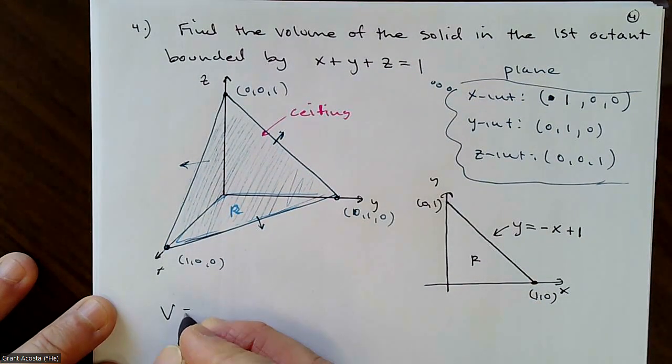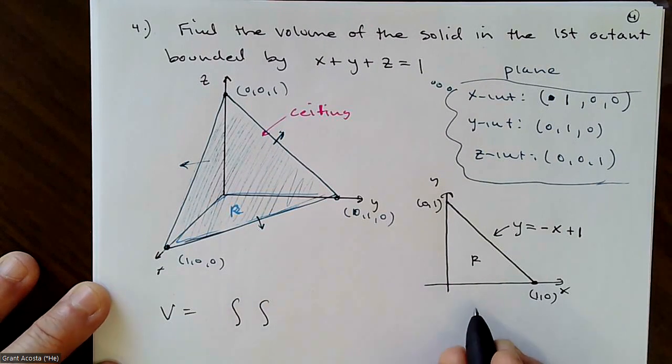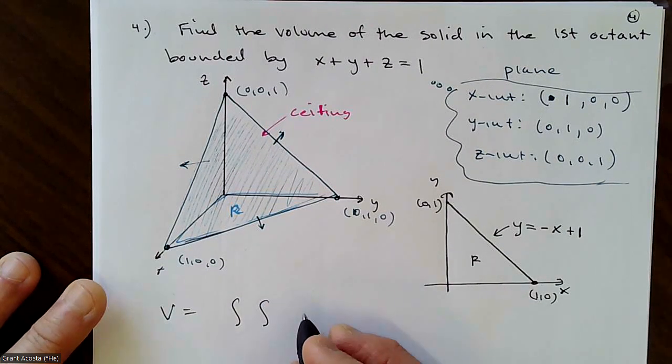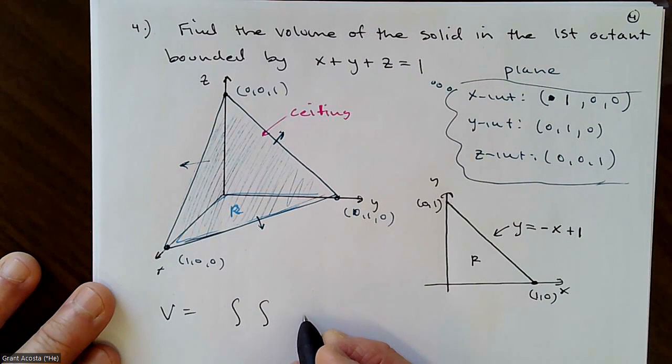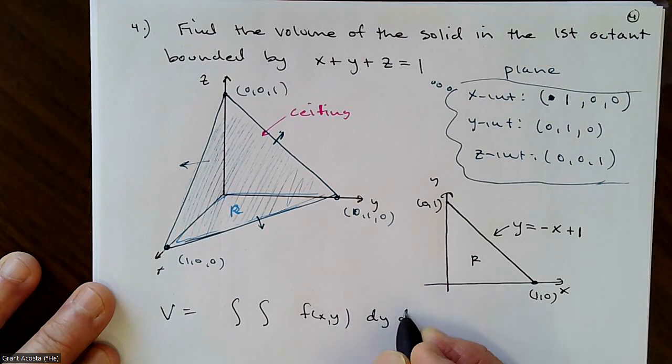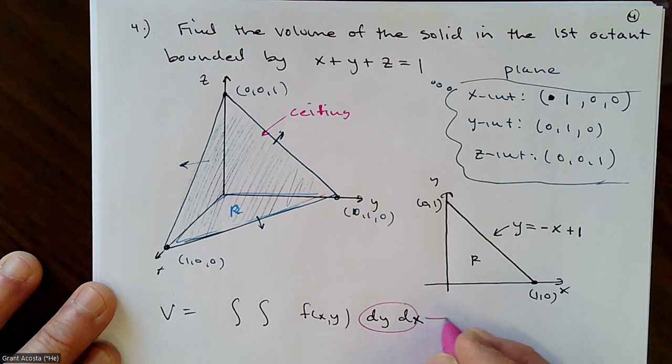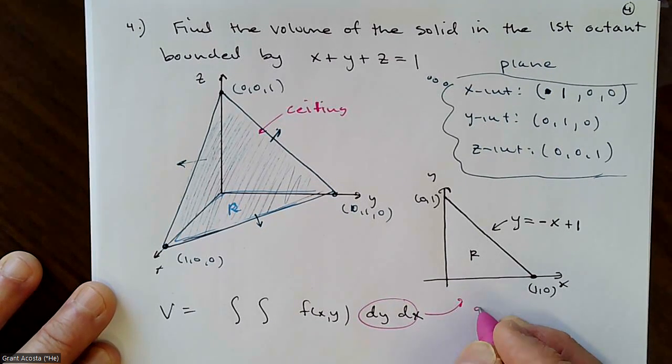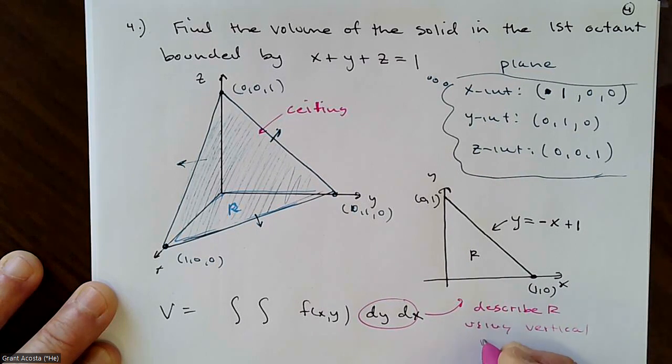Okay, so my volume, double integral, my default unless I have a good reason to switch it up, is I'll usually stick with dy dx, because again, what dy dx means is I'm going to describe R using vertical rectangles.